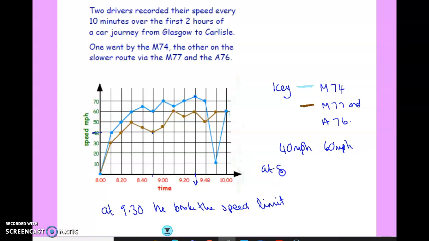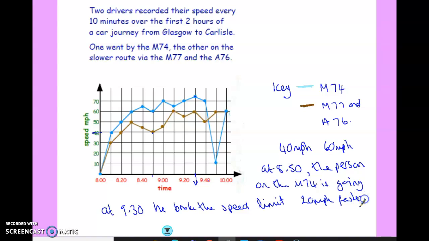So at 8:50, it doesn't tell me whether it's AM or PM actually, I'm just assuming it's AM. So at 8:50, the person on the M74 is going 20 miles per hour faster.